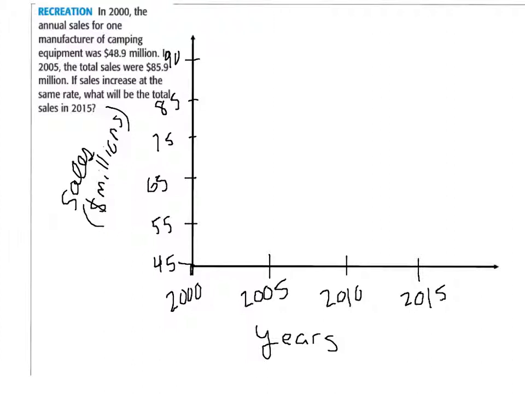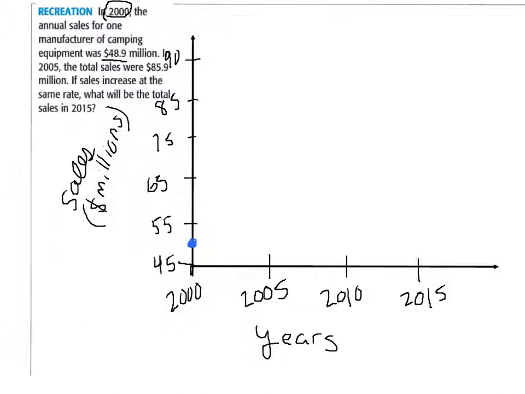My first piece of data was in the year 2000, and I had 48.9 million, or just below 50 million. So it'll be somewhere between the 45 and the 55. So I'm going to put a dot, and let's use a blue dot here, just somewhere in the middle of 45 and 55.